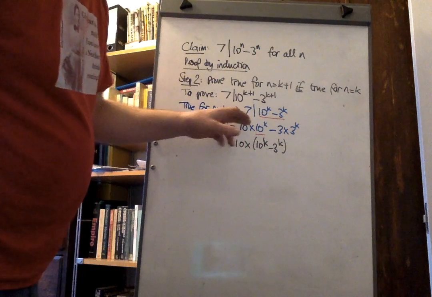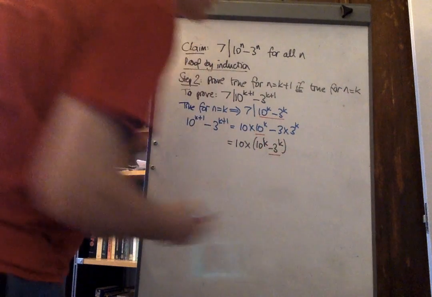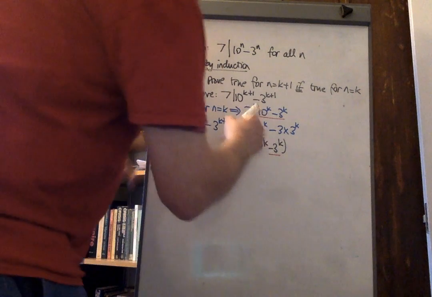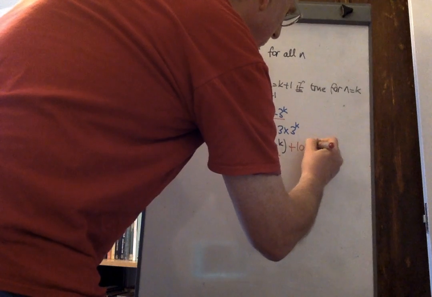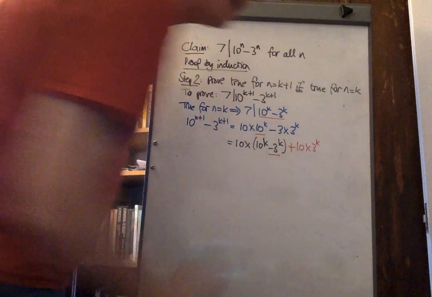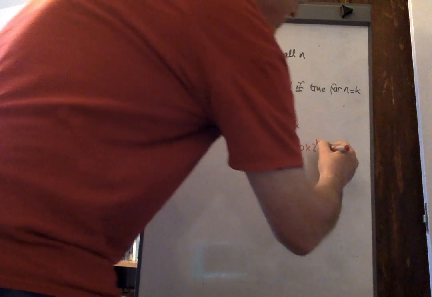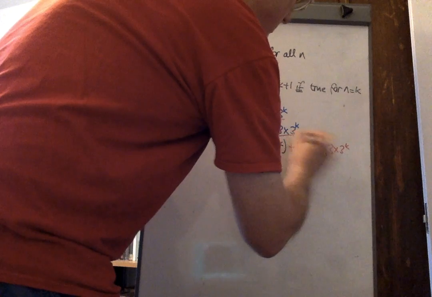And now, I've replaced that by that, which means I've taken away these 10 3 to the k's. But if I add them back in, same sort of thing as you do with completing the square, then I'm still right. And of course, the minus 3 times 3 to the k is still there.